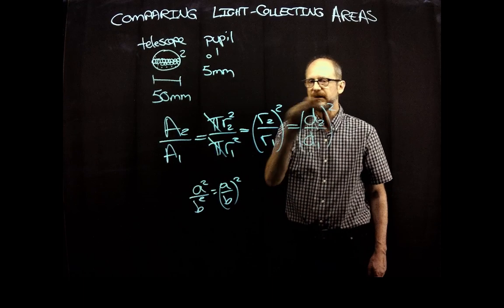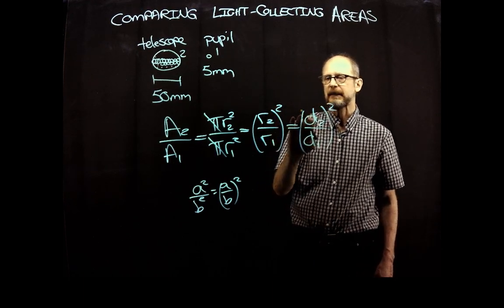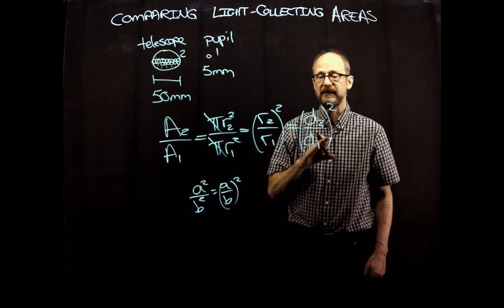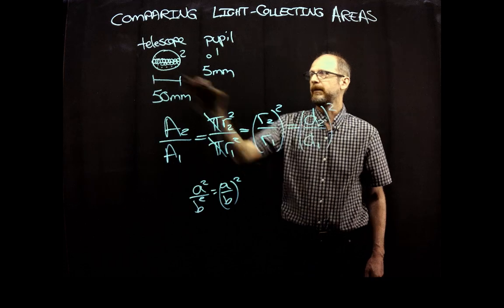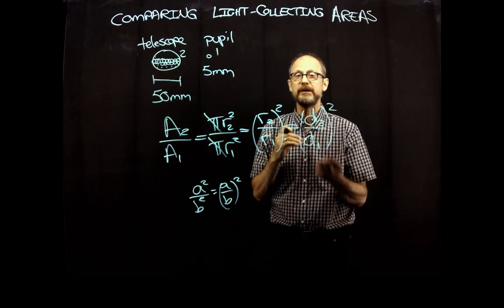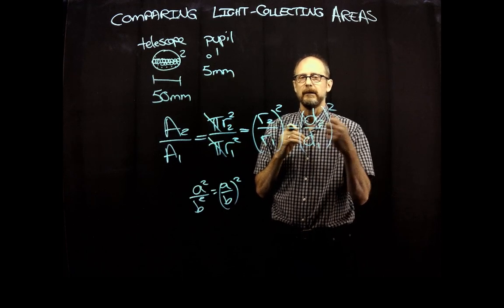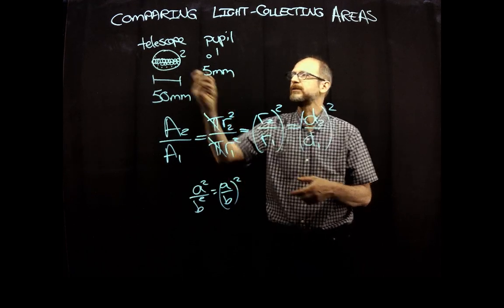And this is our final result. This is what we're looking for, because it's saying that if, to go back to this example, it's 10 times the diameter, this versus that, it's 10 squared, or 100 times the area, which means that it's going to collect 100 times more light.